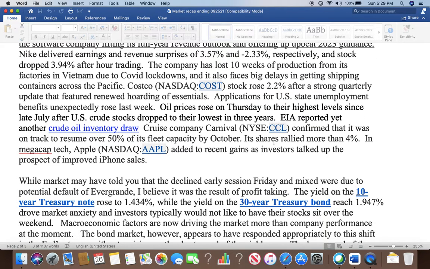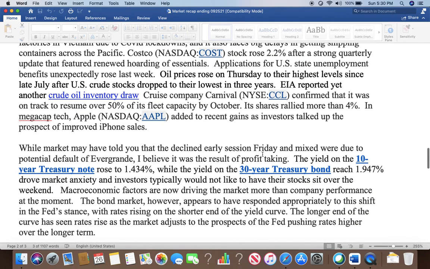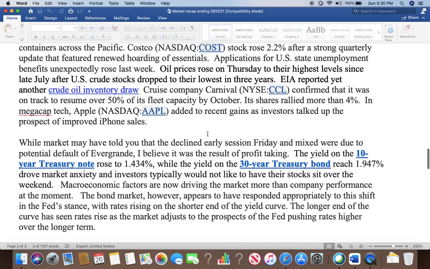Nike, however, delivered earnings and revenue surprises of 3.57% and negative 2.33% respectively, and stock dropped 3.94% after hours trading. The company has lost 10 weeks of production at its factory in Vietnam due to COVID lockdown and has also faced big delays in getting shipping containers across the Pacific. Costco stock rose 2.2% after a strong quarterly update that featured renewed offerings of essentials.